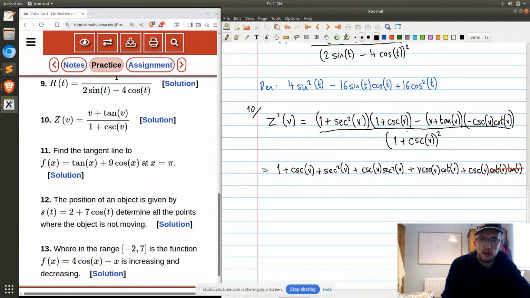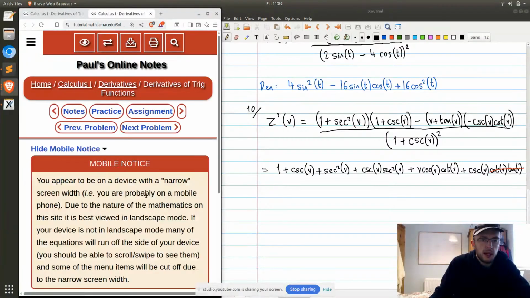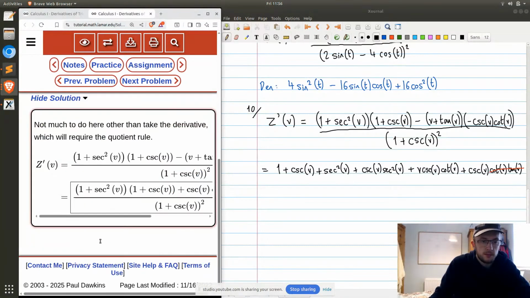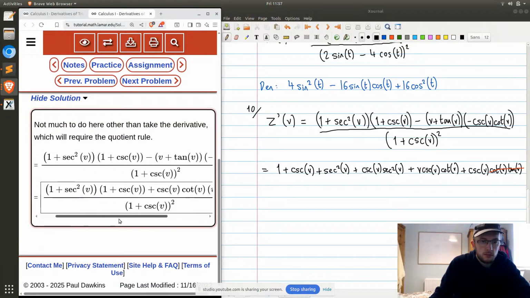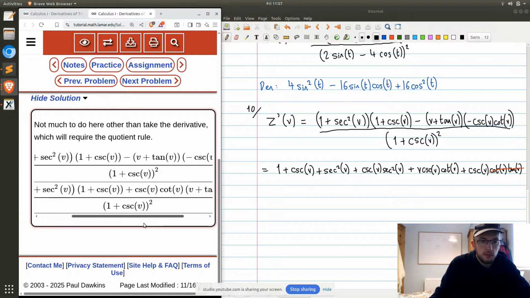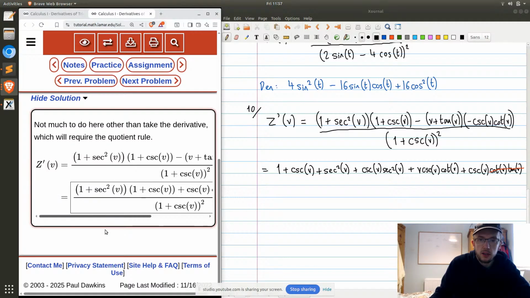And then you have this down here in the denominator. So we have to glance. Nope. You actually just get this monstrously complex looking thing here. But I suppose if that's what they want to do, that's what they want to do.